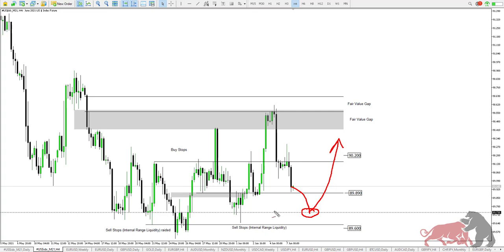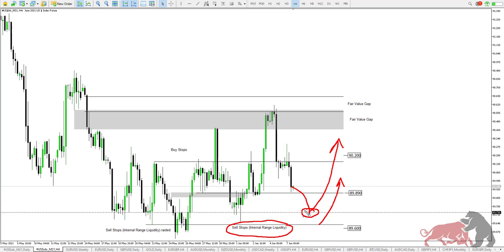So dollar index 89.89 and 89.73. Ideally, after price has cleared these sell stops, we need to trade long after those sell stops have been cleared.